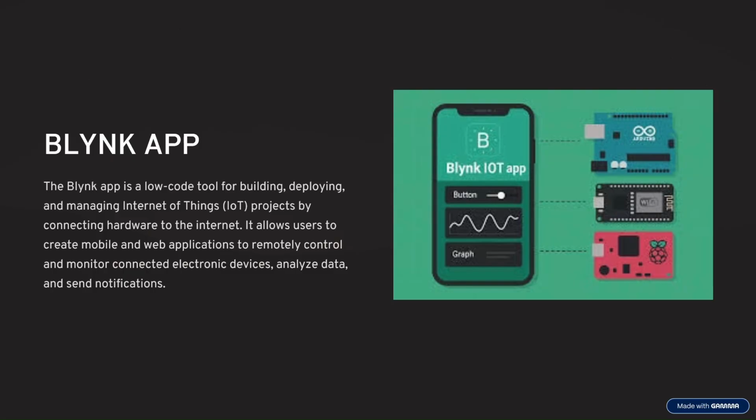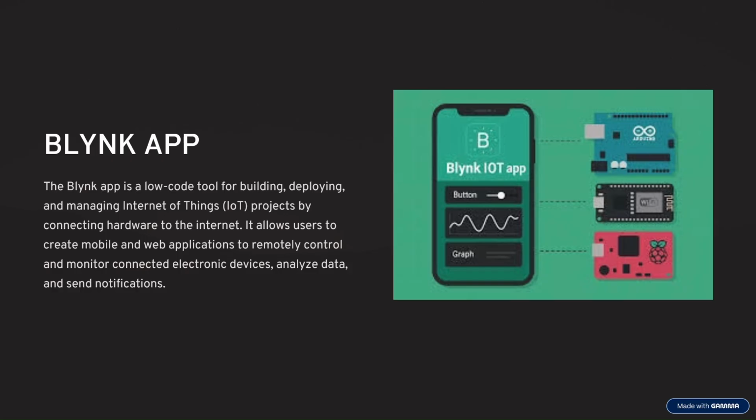And the most important and final part of our IoT project is the BLYNK app, which is a low code tool for building, deploying, and managing Internet of Things projects by connecting hardware to the internet.